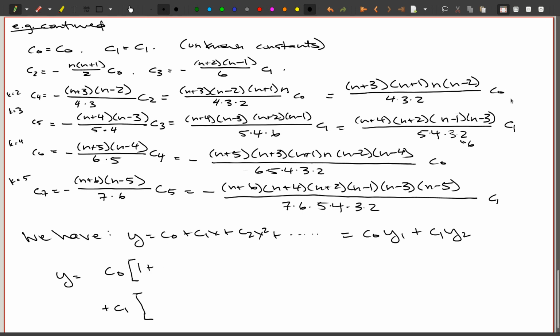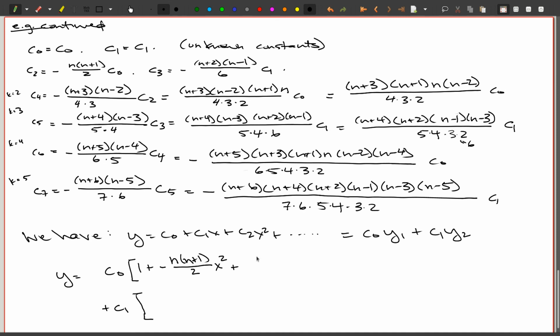And then our first c0 term comes from right here, c sub 2. So it's going to be, oops, it's okay, I'll just have the negative sign right there, plus negative n times n plus 1 over 2. And then that would have an x squared attached to it. Then we'll have plus, we go down to our c sub 4 term is where our next c0 comes in.